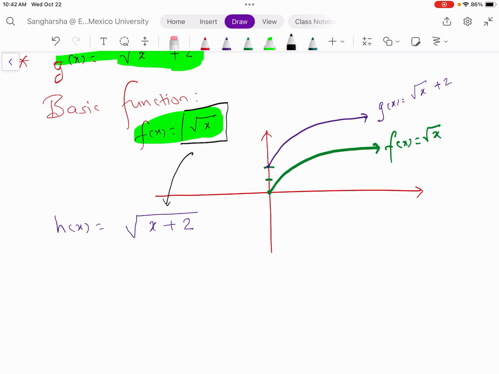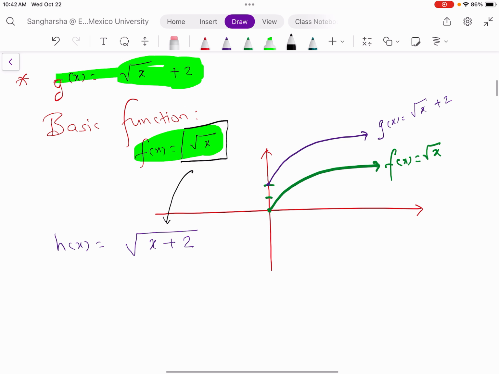Here we replace the x of a basic function by the expression x plus 2. What does it mean in the transformation? How does our graph shift when we replace x of a basic function by x plus some number?